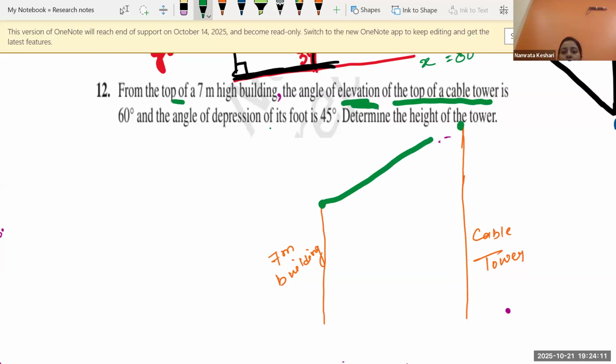Is it clear to all of you? Now here only angle of elevation is getting created. That means horizontal line which is parallel to the ground level, you need to draw by yourself like this. Then only you will be marking that this angle of elevation, as mentioned in the question, it's 60 degree. Is it clear so far?